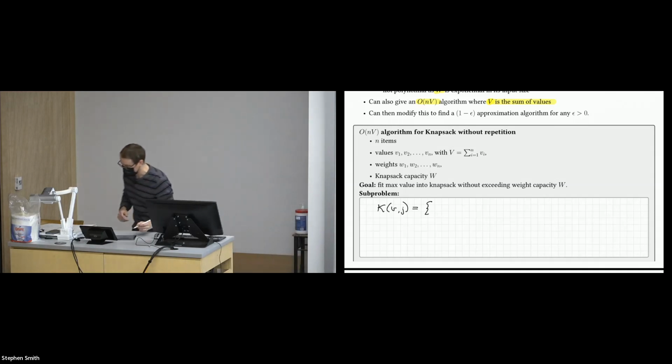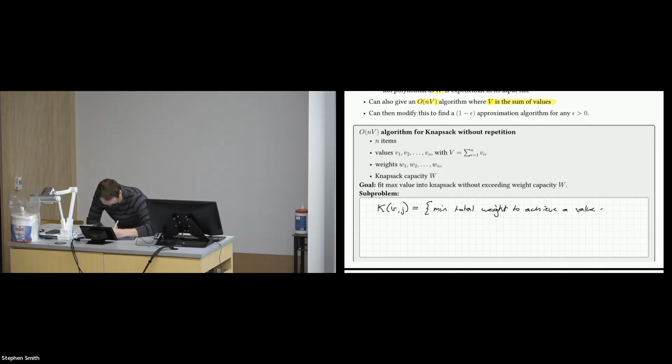Here instead, K is going to record the least weight I can use to achieve a value of V using only items from 1 to j.